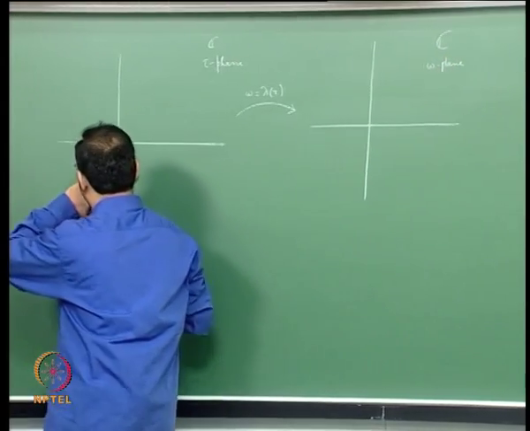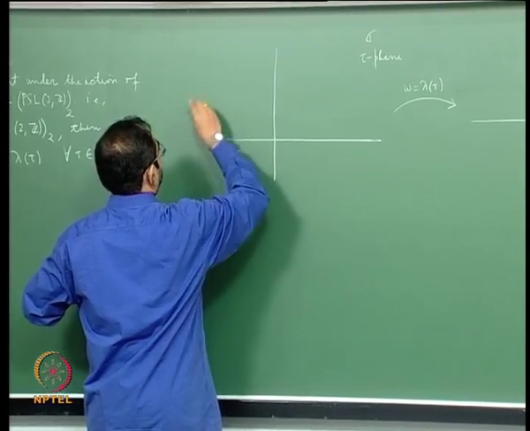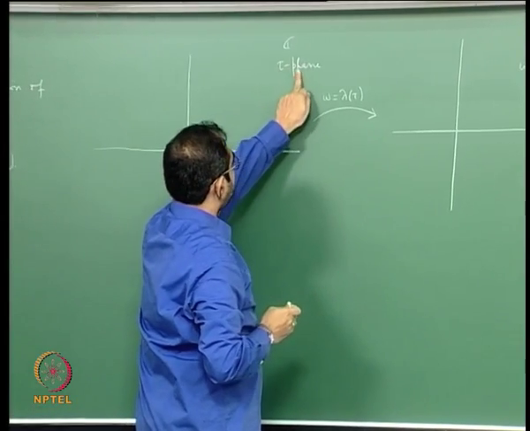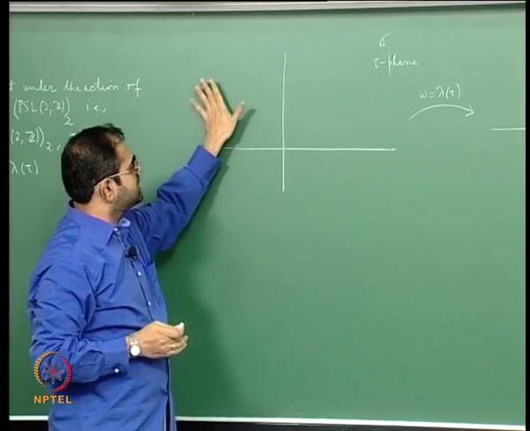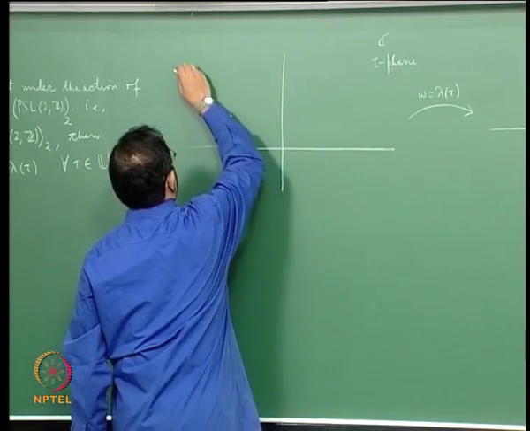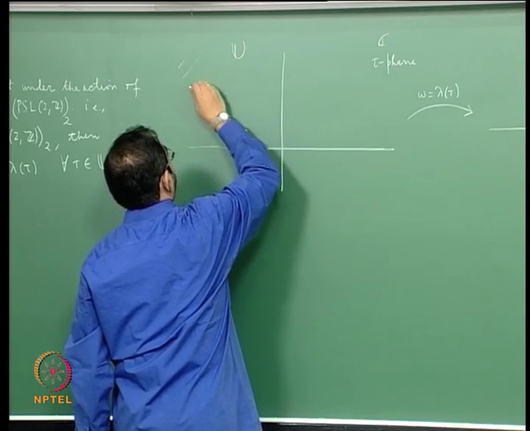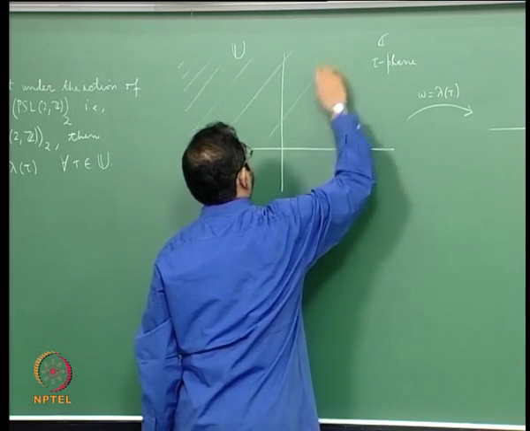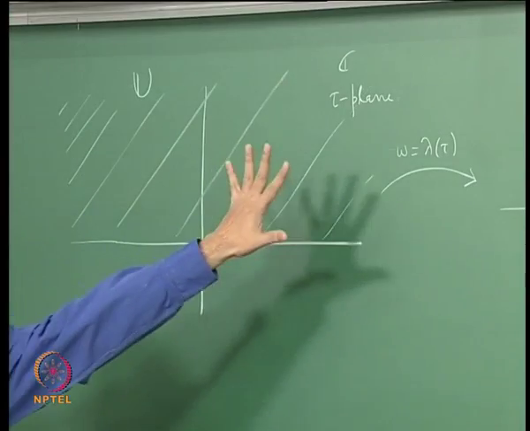For the moment, lambda is defined in the upper half plane, in this shaded region.